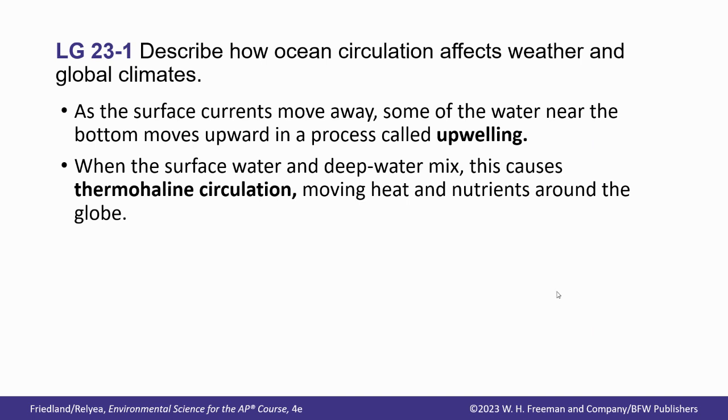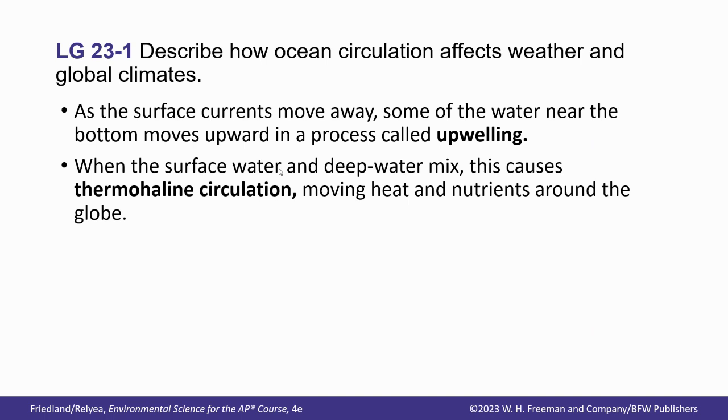As surface currents move away, some of the water near the bottom moves upward in a process called upwelling. So upwelling will bring nutrients and things like that from the ocean floor.